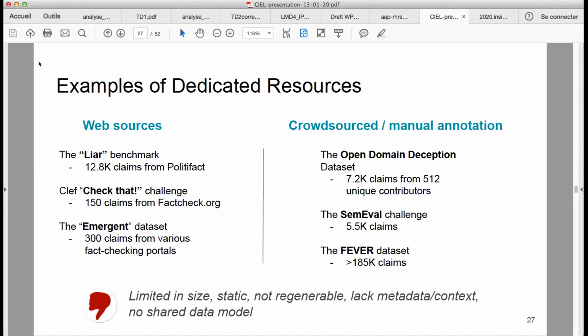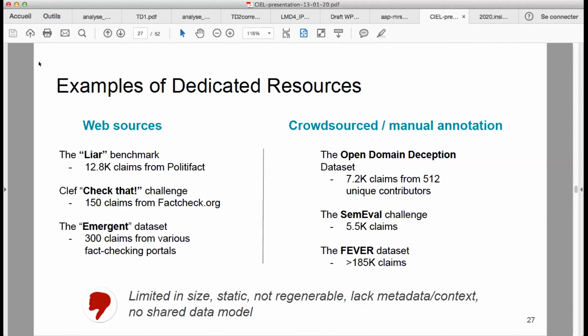So there has been some effort in this direction recently. Certain resources have been published in various research projects. For example, we have data that has been extracted from web resources, particularly fact-checking claims, or data that has been crowdsourced and manually annotated.